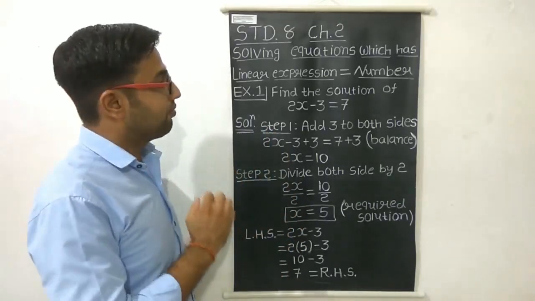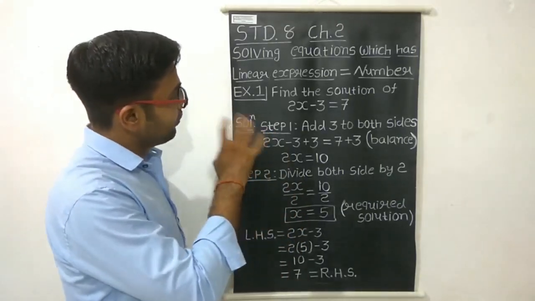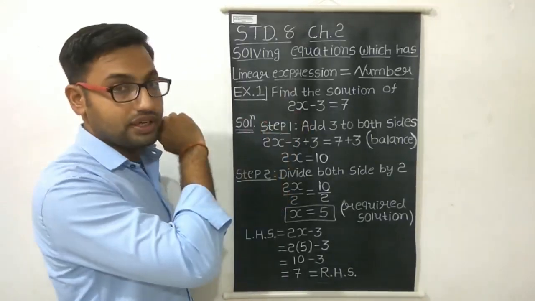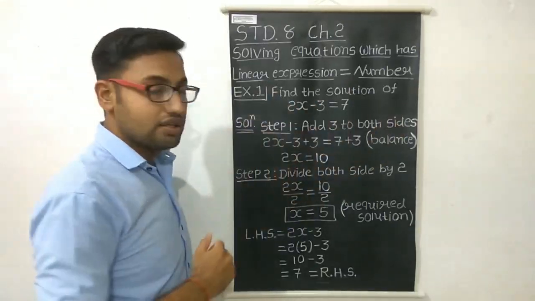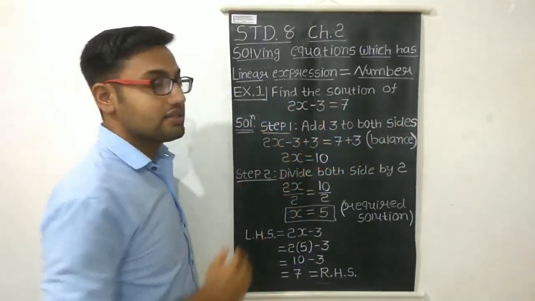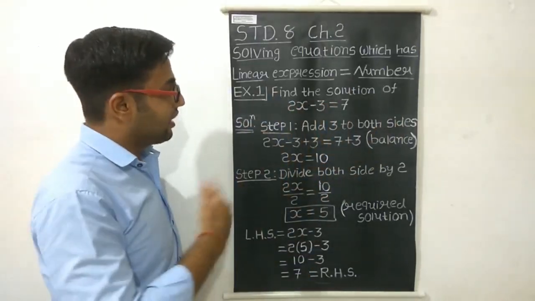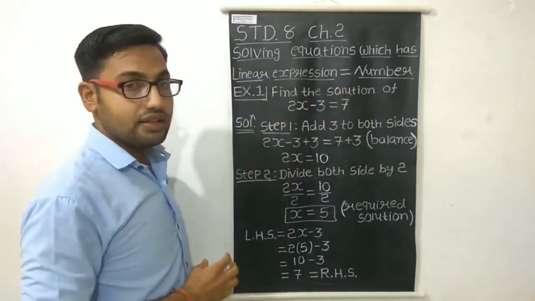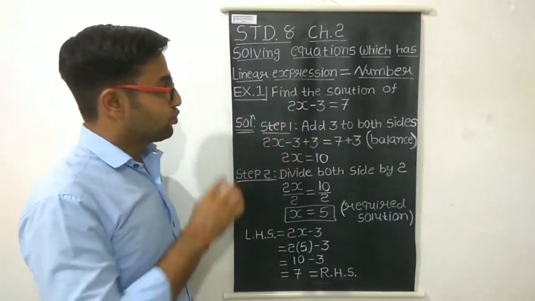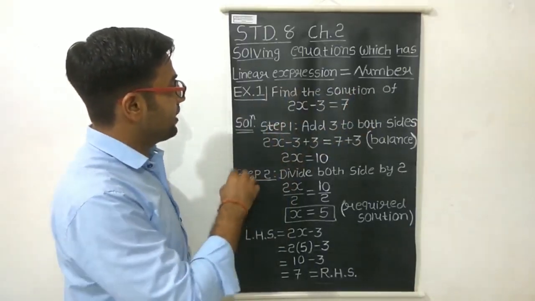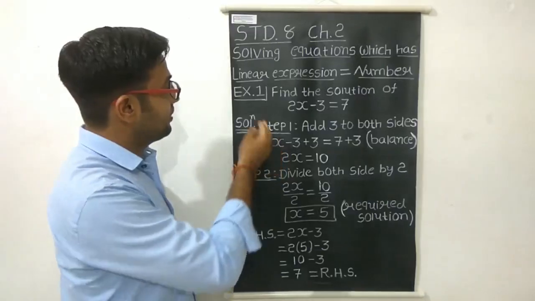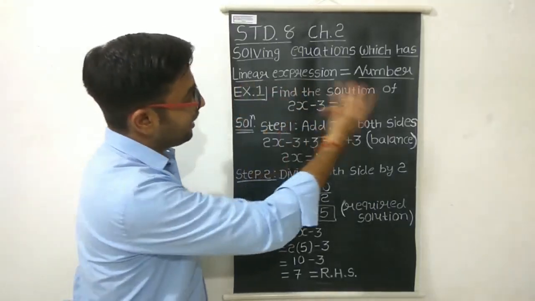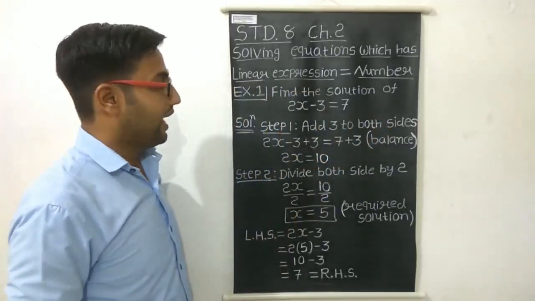The first type is equations in which one side has a linear expression and the other side, the right hand side, has some number. The second type is where both sides have linear expressions. In today's class we will study the equations in which the left hand side has a linear expression and the right hand side is a number.